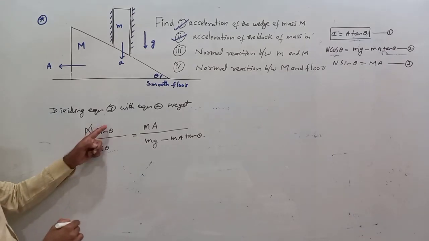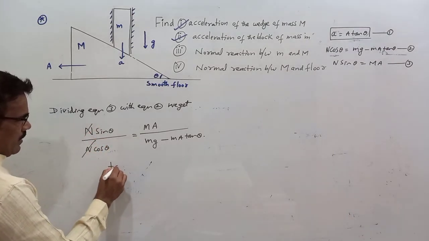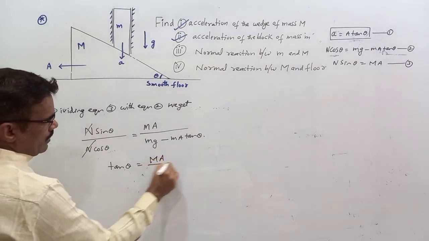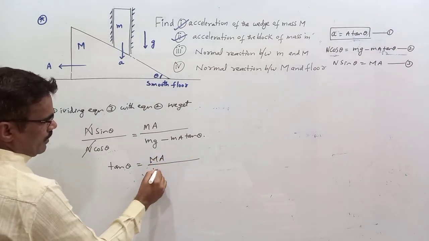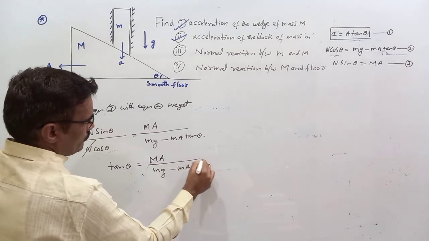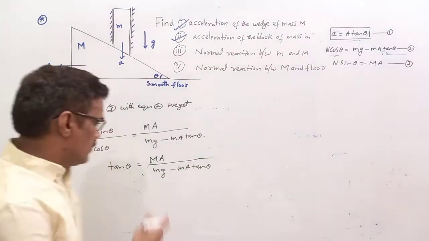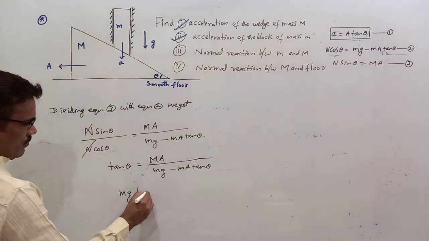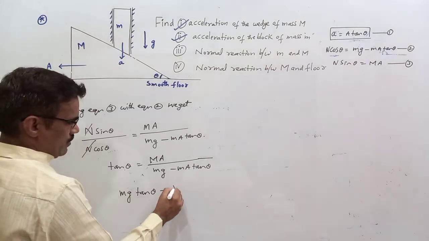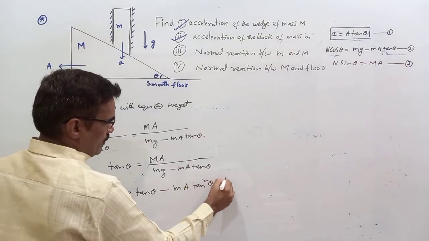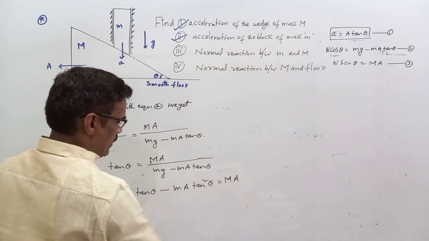Here N cancels. Sin theta by cos theta is tan theta. Tan theta equals capital M A divided by mg minus m A tan theta. Clear, sir? After that, cross multiplication: mg tan theta minus m A tan square theta equals capital M A.